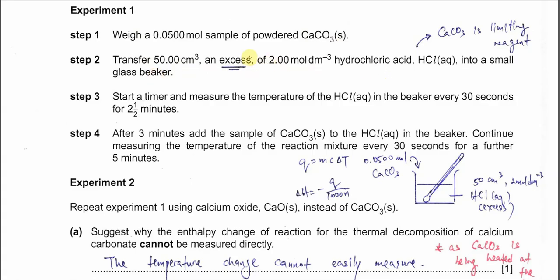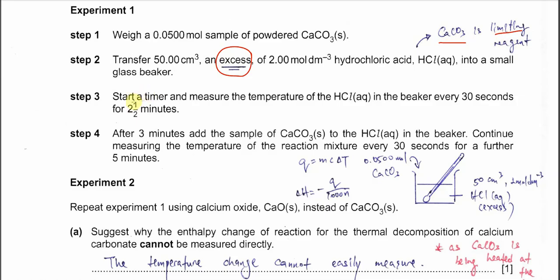From here, we know that the acid is in excess, and therefore the calcium carbonate is the limiting agent. So later when we calculate the enthalpy change for this experiment 1, we must use the mole of calcium carbonate, as now it is the limiting reagent.